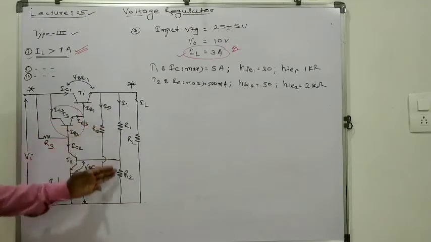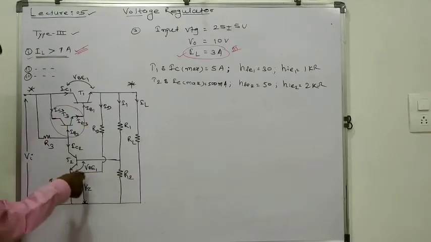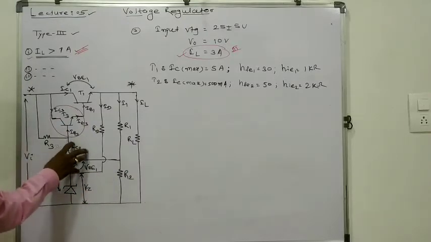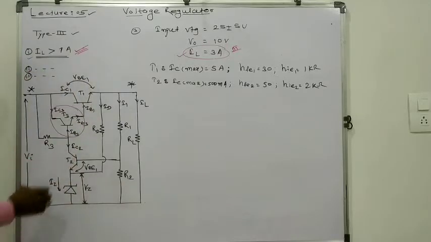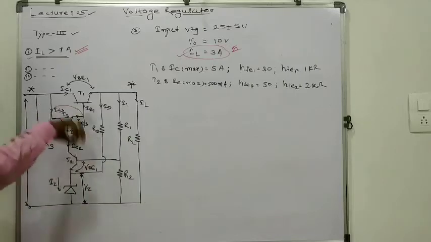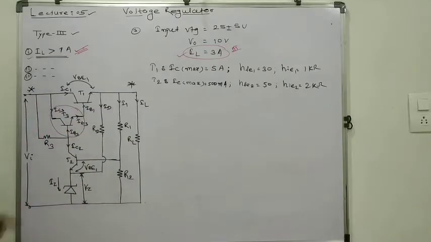That is the sampler circuit. Then this is the decision making circuit or error detection circuit. This provides the reference voltage and acts as a control circuit, controlling the output voltage. So the remaining conditions are the same.